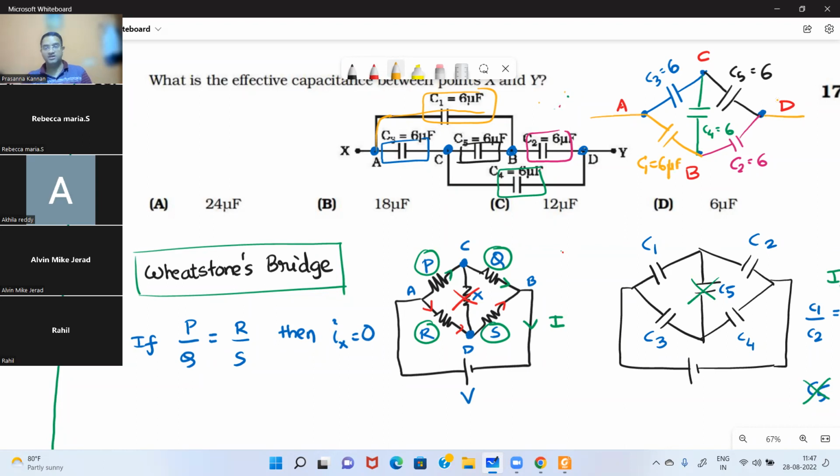So can you see this arrangement here? Is it not a Wheatstone's bridge? Have you been observing this, students? Yes, sir. Now, can you tell me what ratio must be satisfied so that I can remove the middle capacitor?